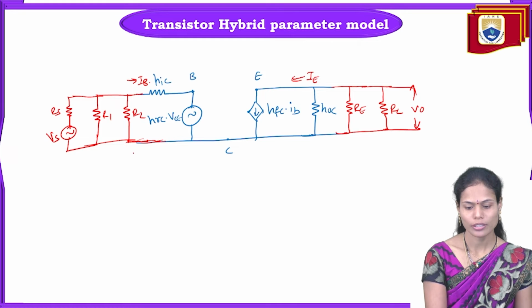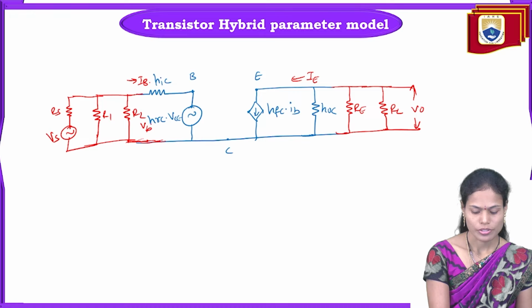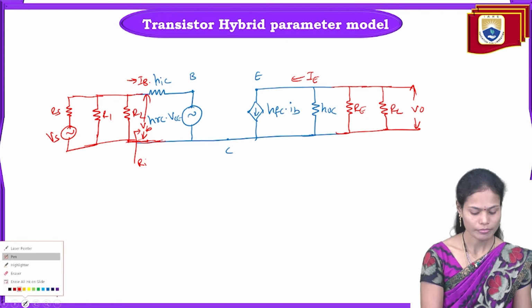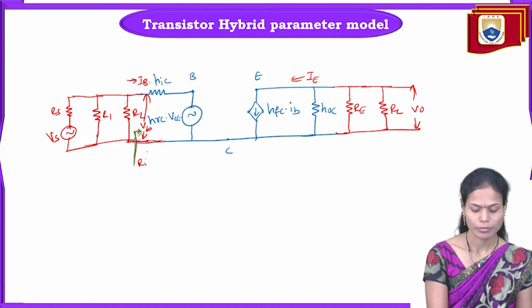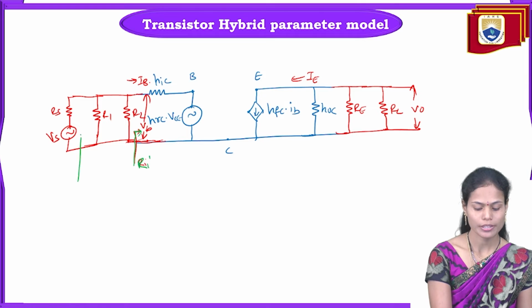If you want to measure the input impedance, this is the input voltage VB. From here we can measure the input resistance RI. If you want to find the overall input impedance, that is RI dash.